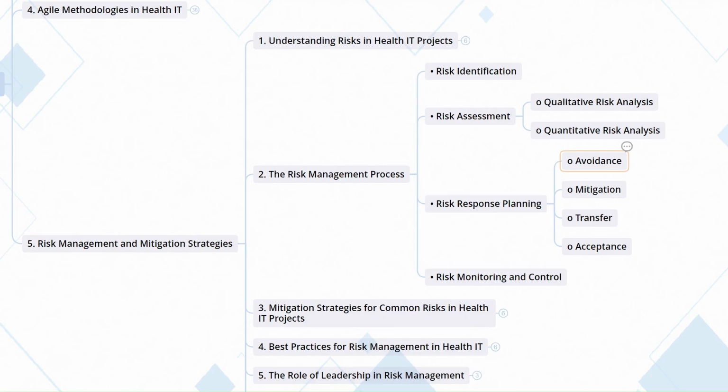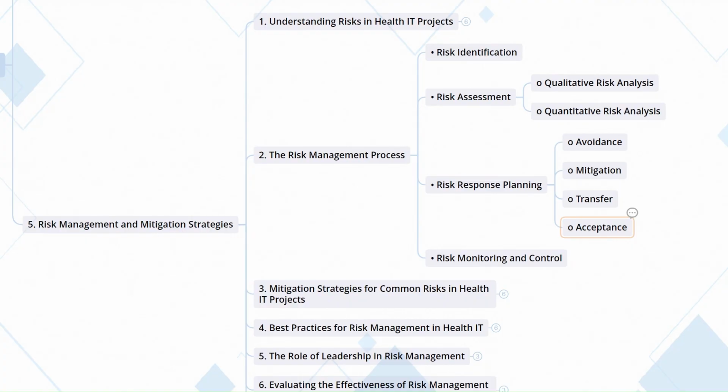This includes changing project plans to eliminate the risk altogether. Next, mitigation. This includes implementing measures to reduce the likelihood or impact of the risk. Next, transfer. This includes shifting the risk to a third party, such as outsourcing a service or purchasing insurance.